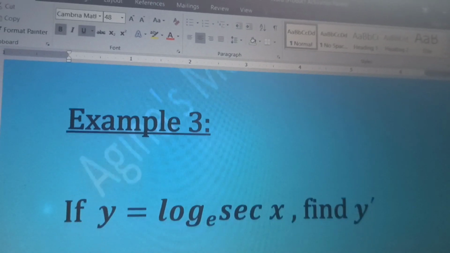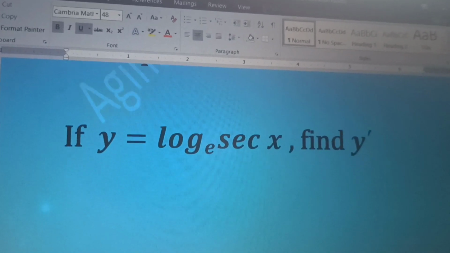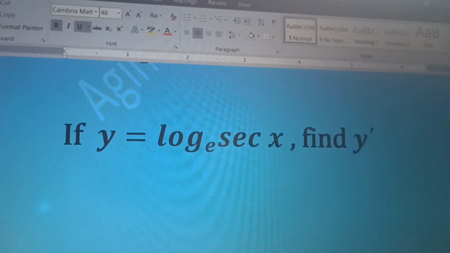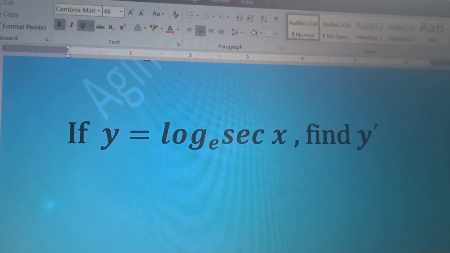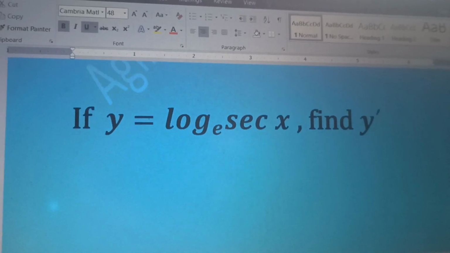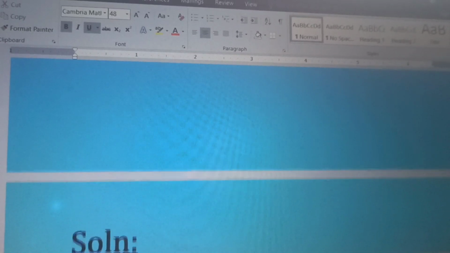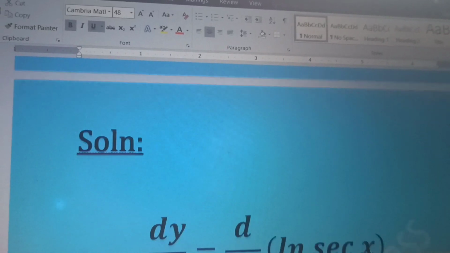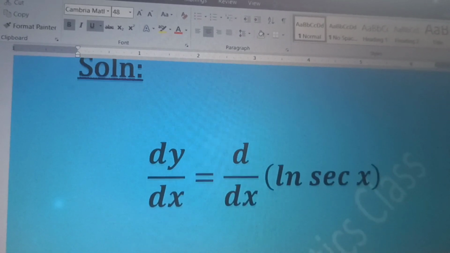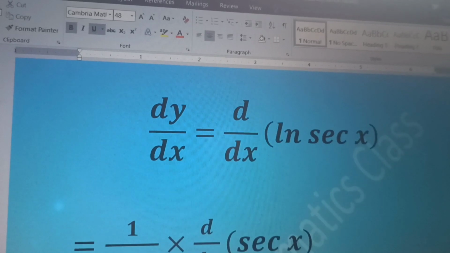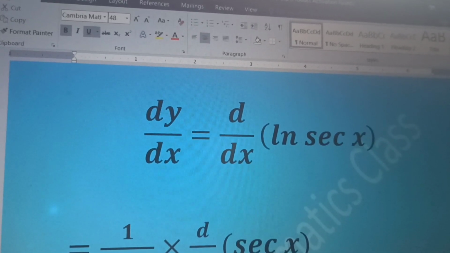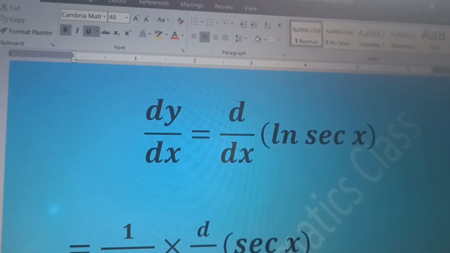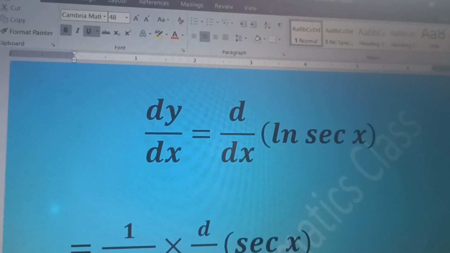Now we'll go to the third example. If y is equal to log sec x base e, find y prime. Okay, let's differentiate that. dy dx is equal to d dx of ln sec x. We have changed log to base e to ln.